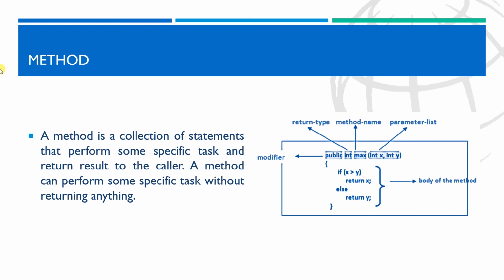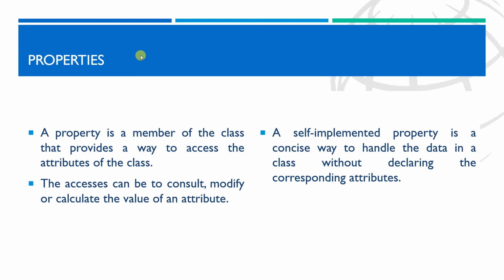And next we need to know what a property is. A property is a member of the class that provides a way to access the attributes of the class. The accesses can be to consult, modify, or calculate the value of an attribute.